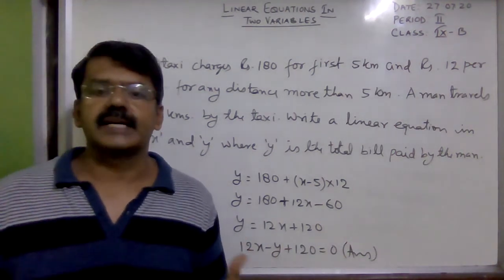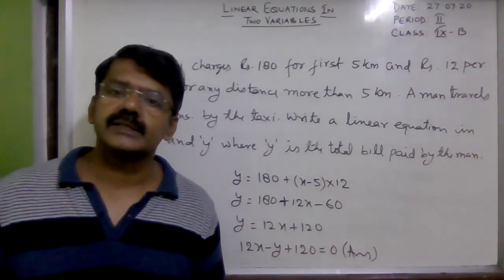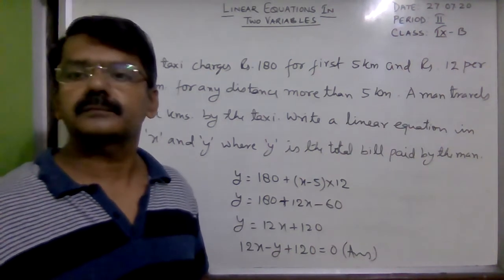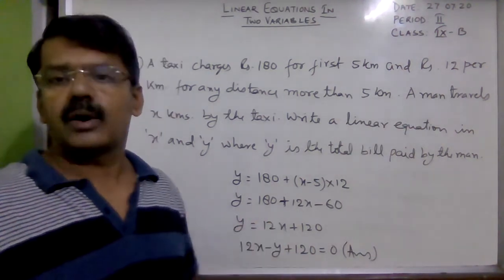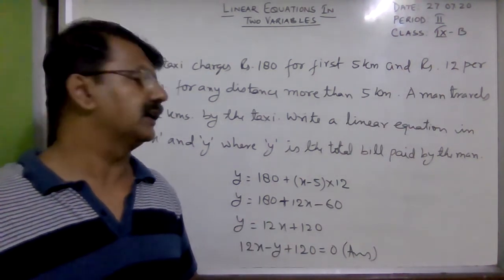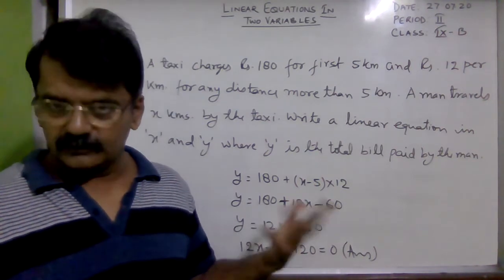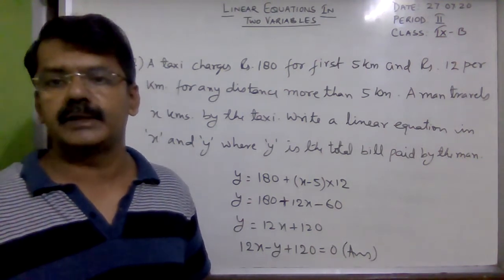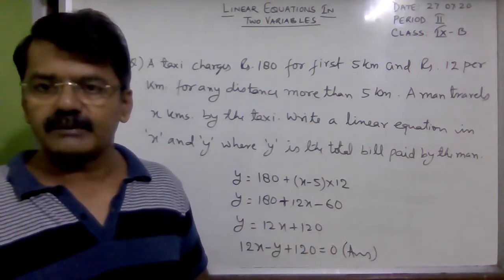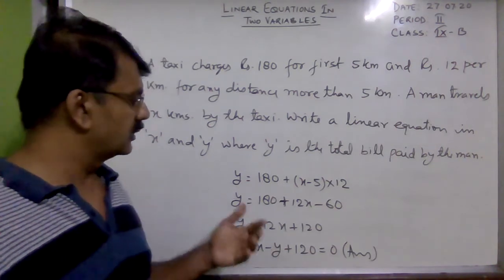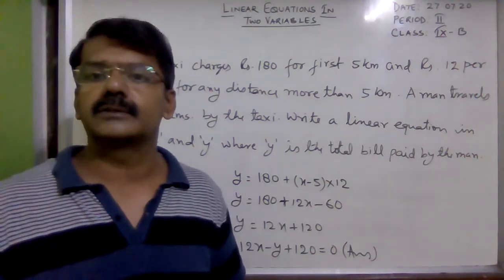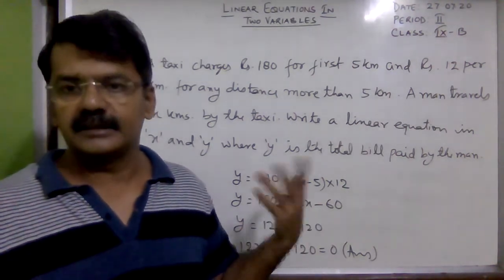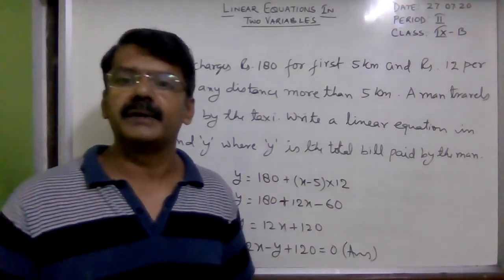Now, as I told you, these linear equations can be solved by graphical method or some other methods also. If two equations are there, they can be solved simultaneously also. So about solving these linear equations, I'll explain in other periods. Thank you.